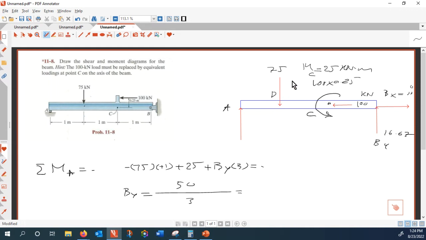And the last one is to find out A of y. So for A of y, we simply take the sum of the vertical forces equal to 0. That is A of y minus 75 plus 16.67 is equal to 0.